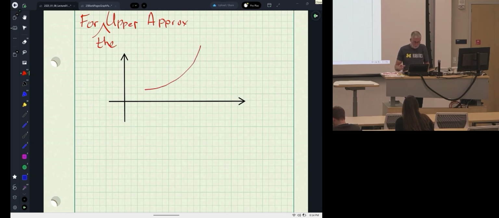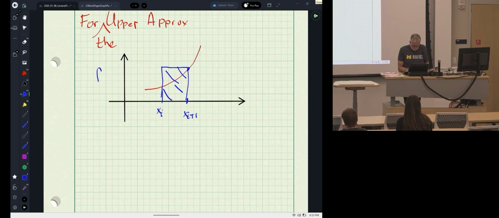I draw my curves deliberately, f of x equals x, and I blow this up so we can see what's going on. And so this is an upper approximation of the area under this curve.